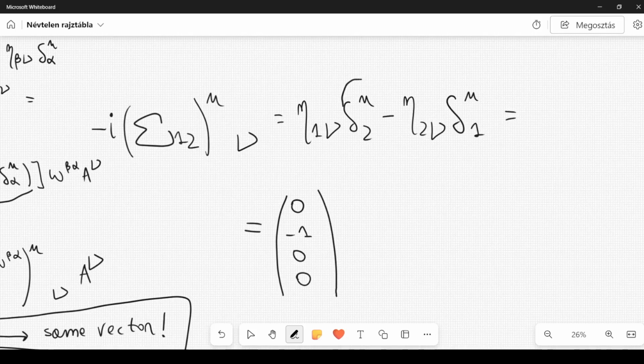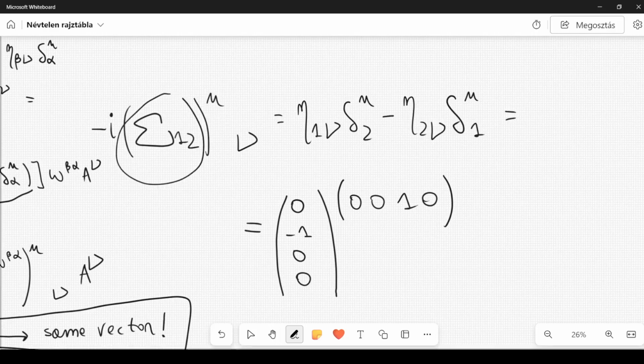And then here we have the row vector 0, 0, 1, 0. And why is this? This can be represented as a row vector because mu here represents the rows of this matrix, whereas nu labels the columns. So we describe this as a column vector, like this.